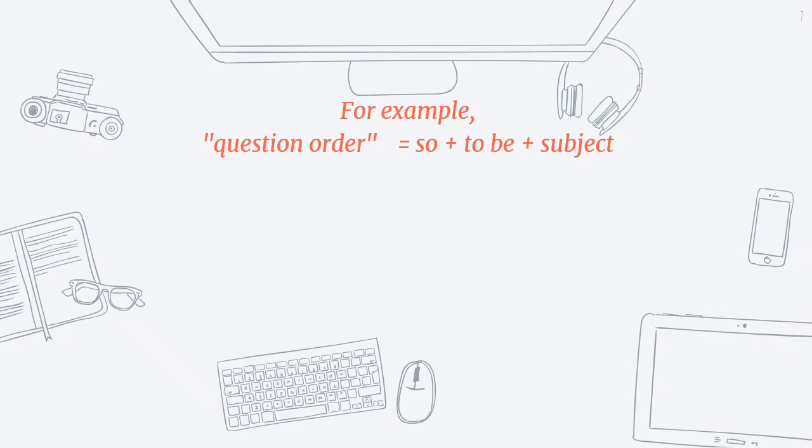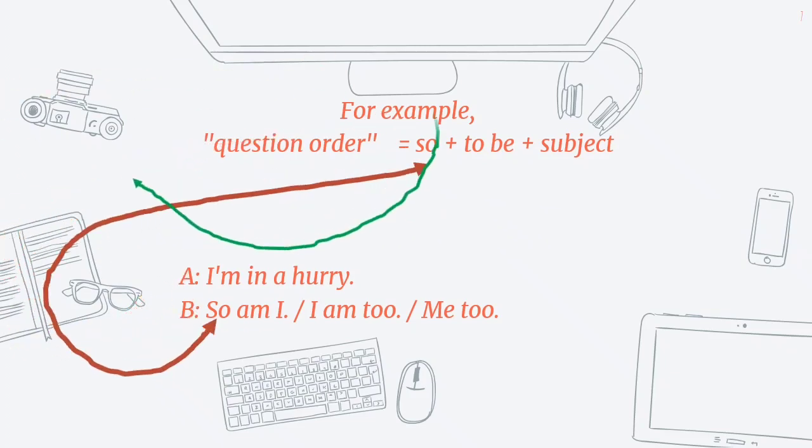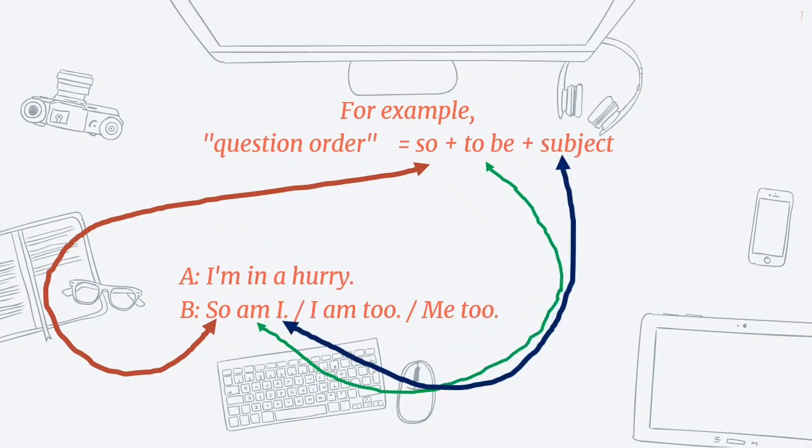Remember, to be: am is for I, is for he, she, it, and are for you, we, they. Example, I'm in a hurry, you can say so am I, or I am too, or me too. If we follow the question order, we put so first and then followed by to be and then subject. We have subject I here, so to be for I is am.